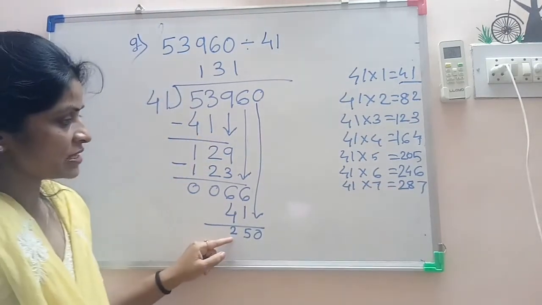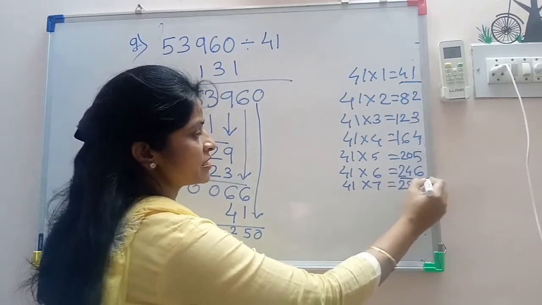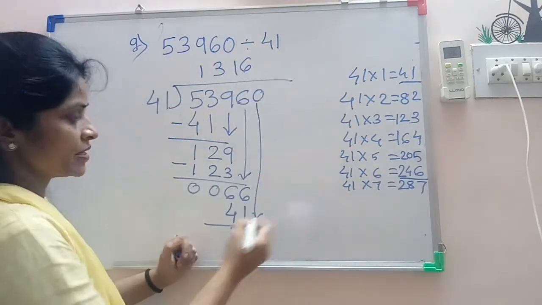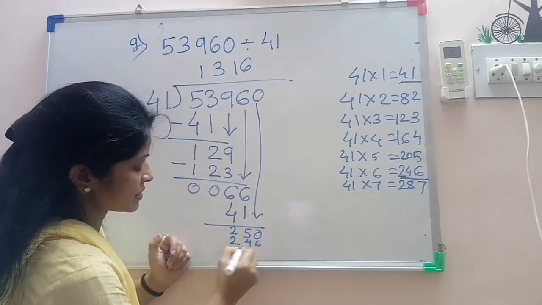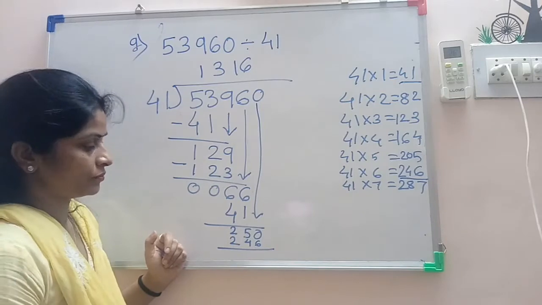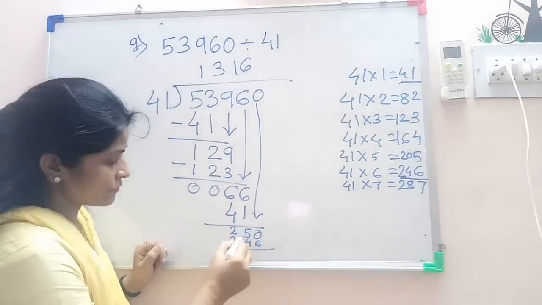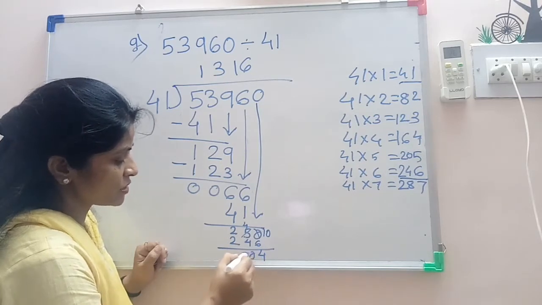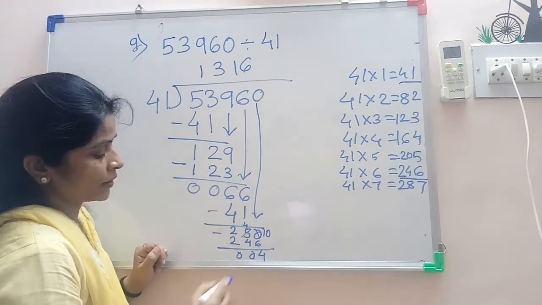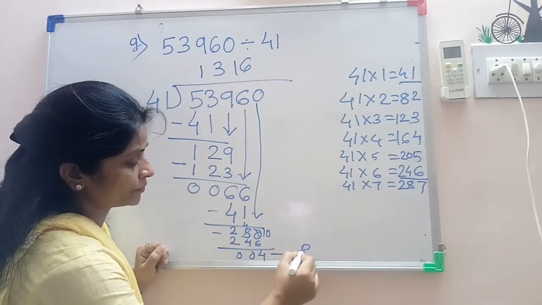Now smaller than this number is 41 6s, we are getting 246. Now we'll subtract it. We will regroup the number. So students, the remainder is 4.